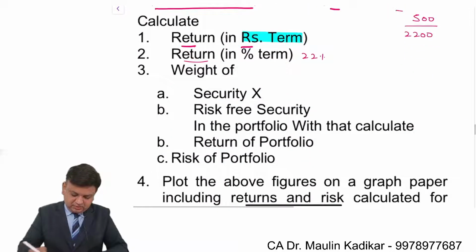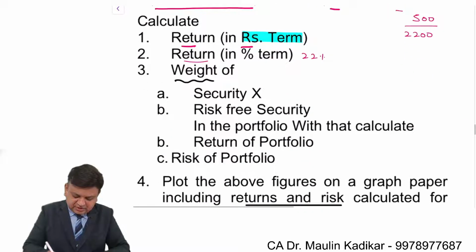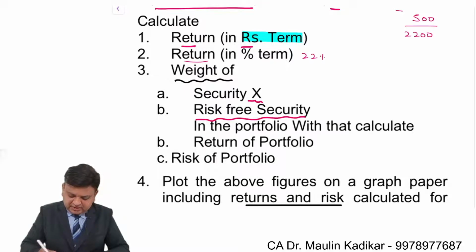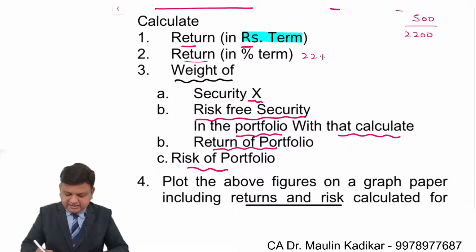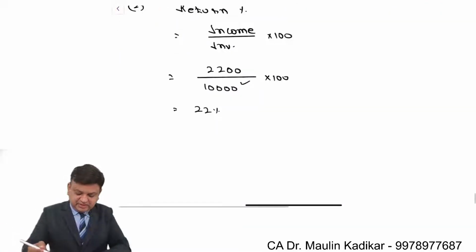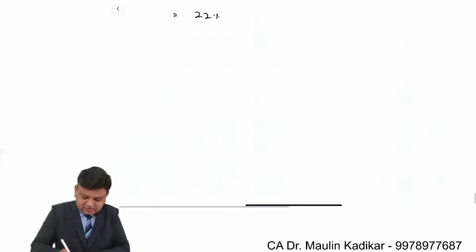Third question: calculate the weight of security X and weight of risk-free security in the portfolio, and with that compute the return of the portfolio and the risk of the portfolio. That is the question. So let us see how to make the calculation of the answer.